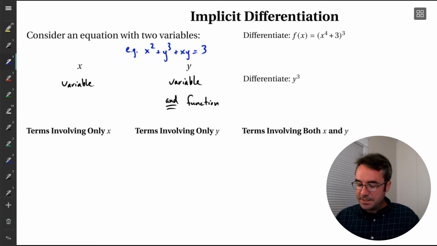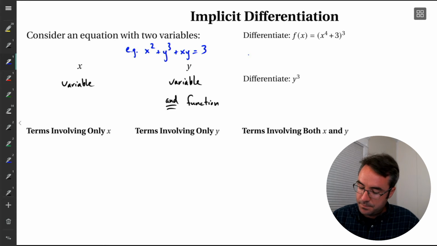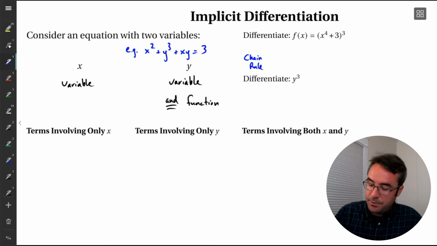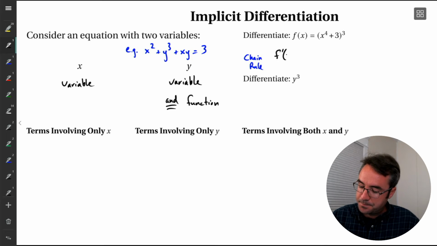As a little example, let's consider the case of this function f of x equal to (x to the fourth plus 3) all cubed. How would we differentiate this? Well, this is going to involve chain rule. So how would the derivative look?